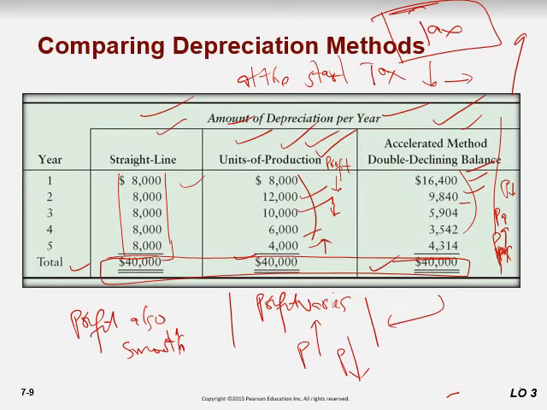So higher profit means higher taxes as well. So it depends on your motive. If you are given the motive to reduce taxes, you may choose the alternative method. If you are given the task to increase the profit, you are doing nothing, and just by using different methods you can increase or decrease your profit.